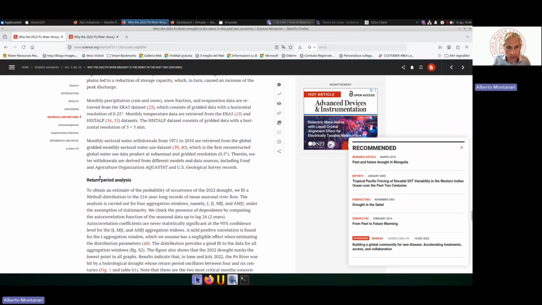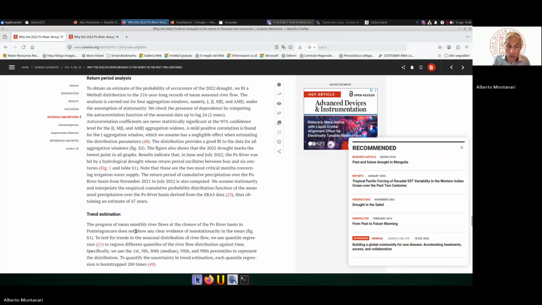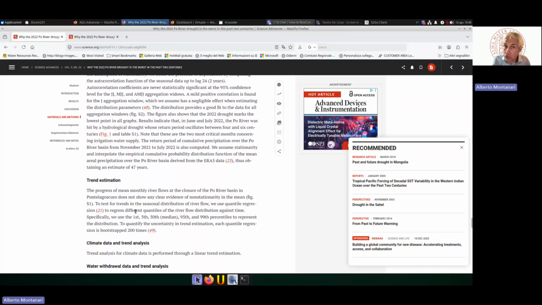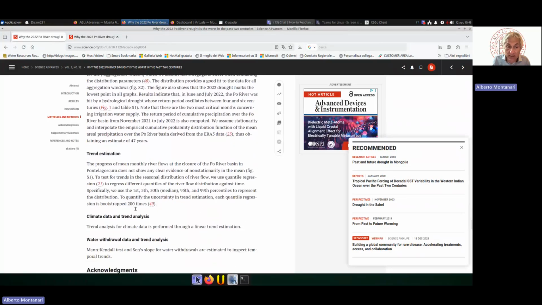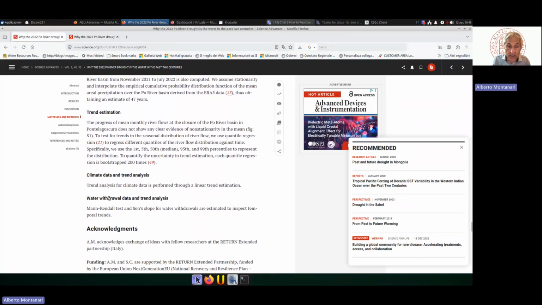More details, retrospective period analysis. It is explained how we estimated the average time we can expect to pass before another event with the severity of the 2022 drought occurs again. So retrospective period analysis, trend estimation, climate data and trend analysis, water withdrawal data and trend analysis.